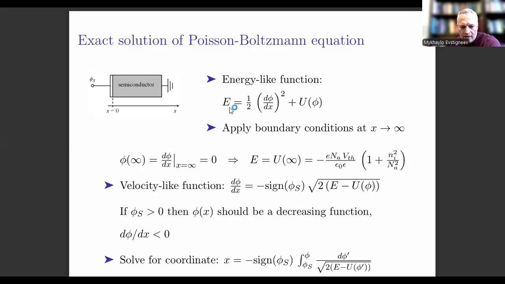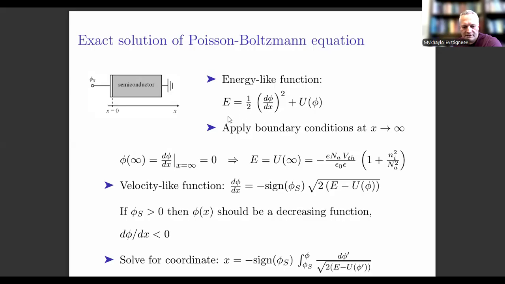Now we have the value of E, and we know that it is a constant, independent of the position x and of the potential φ. We can solve this equation for dφ/dx. The solution is quite simple.